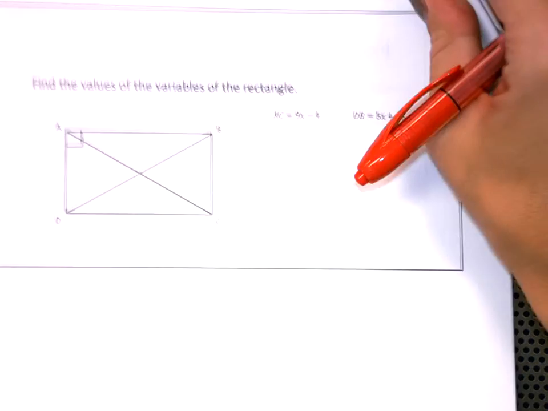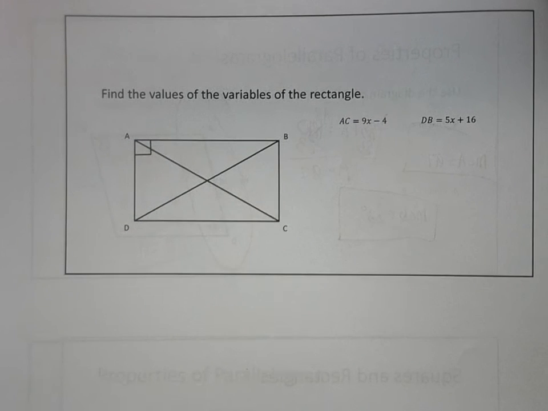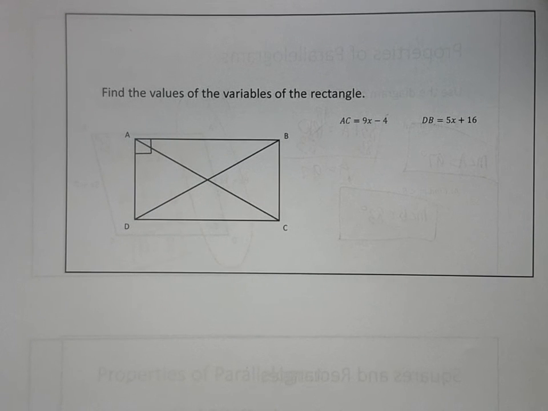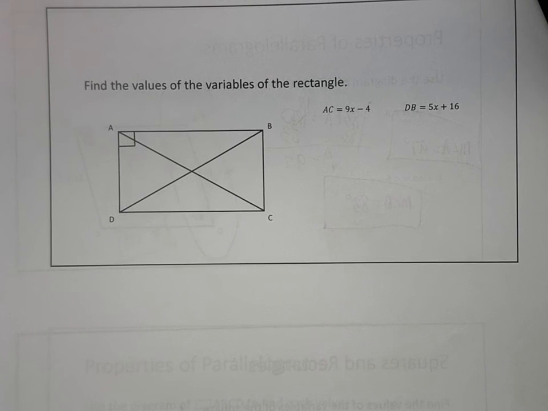Last problem. It says find the values of the variables of the rectangle. Do you guys not have this page? Well, you can do this somewhere in a blank space that you have. So what would you do for this?